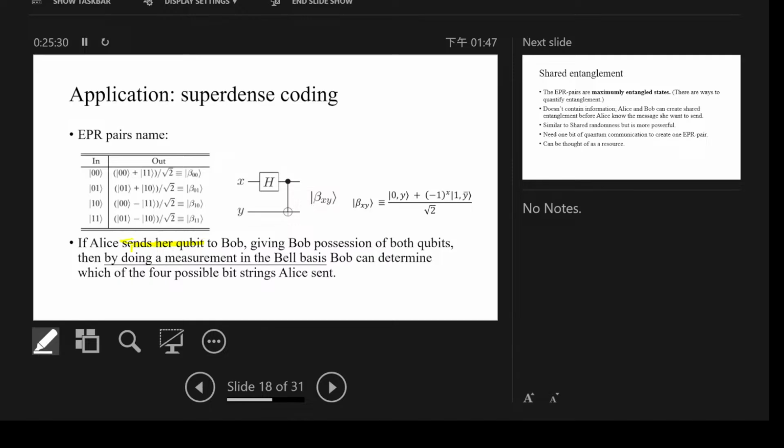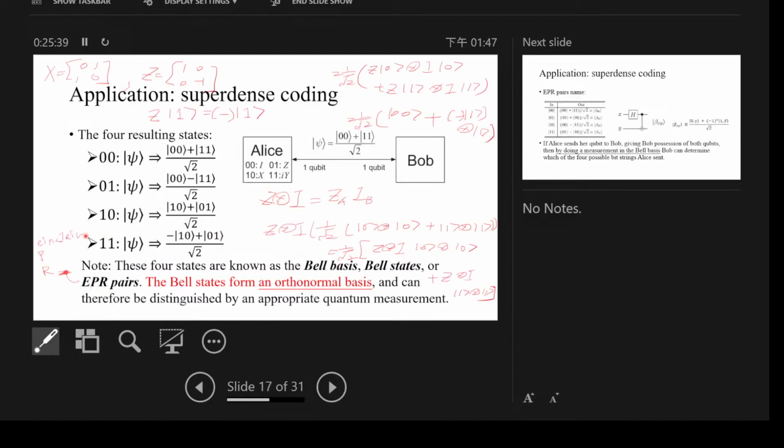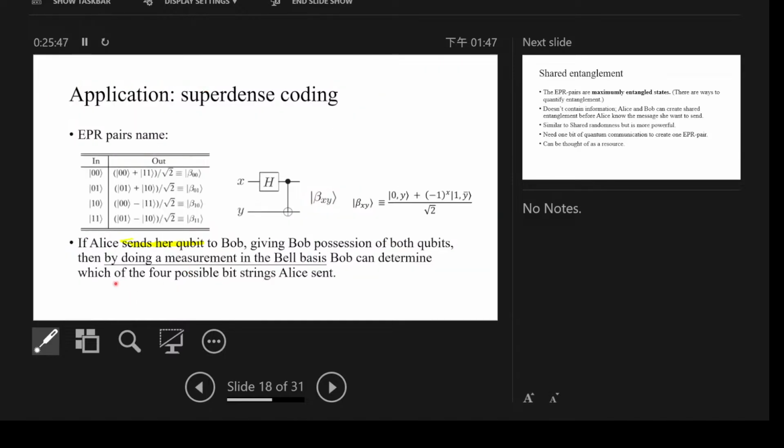Now Bob has this entangled state totally on his side, and he can do what he wants. We say the state is in one of the 4 bases, so Bob naturally measures in these 4 bases. Bob does a measurement in the 4 bases, and then Bob will know which one of the 4 states it is.